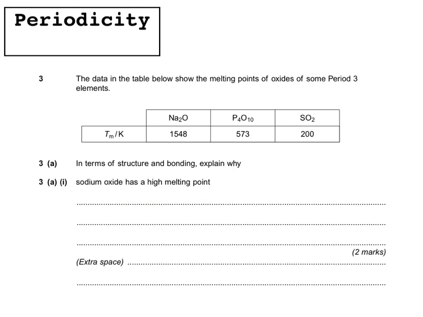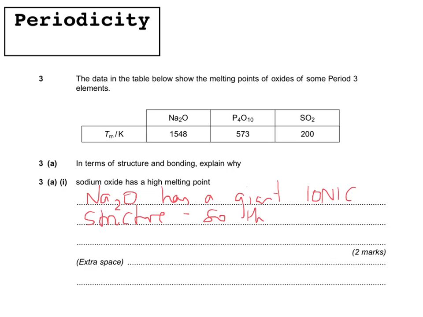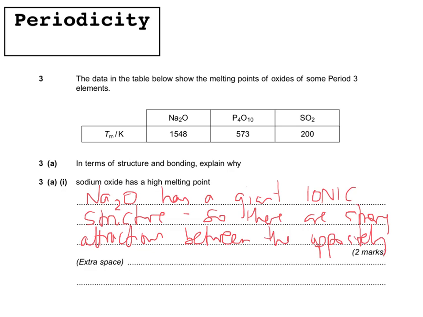So you need to say that sodium oxide has a giant ionic structure. So there are strong attractions between the oppositely charged ions, and that will get you 2 marks, probably one for the ionic structure and the other one for this explanation, strong attractions between oppositely charged ions.